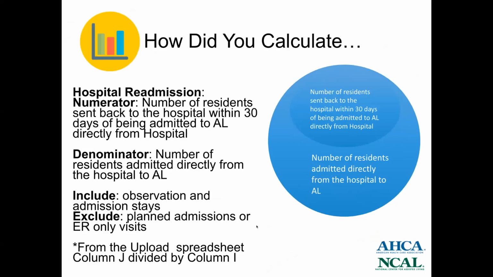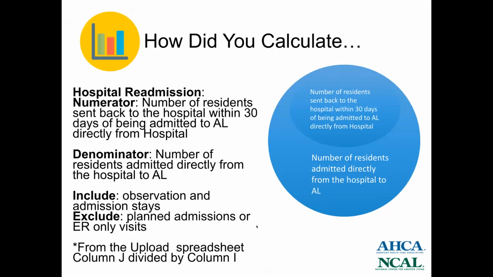Now, this can be a complicated one, so we are going to walk through an example that I hope makes this easier to understand. I also want to point out these are any residents. So these could be new residents that maybe weren't in your assisted living prior to going to the hospital, but came to your assisted living.